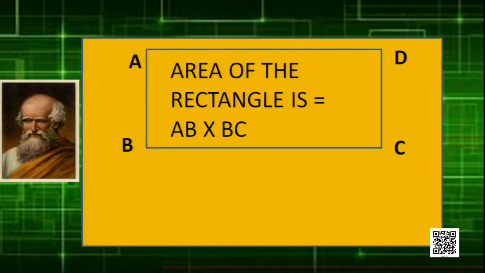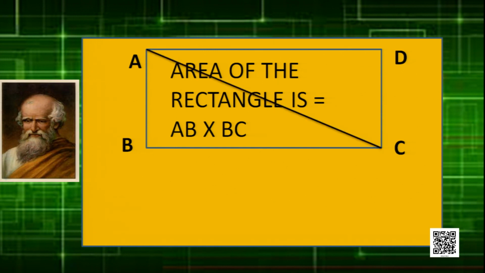Here ABCD is a rectangle, and AB and BC are respectively breadth and length, two consecutive sides. So, we can say the area of this rectangle is AB into BC.